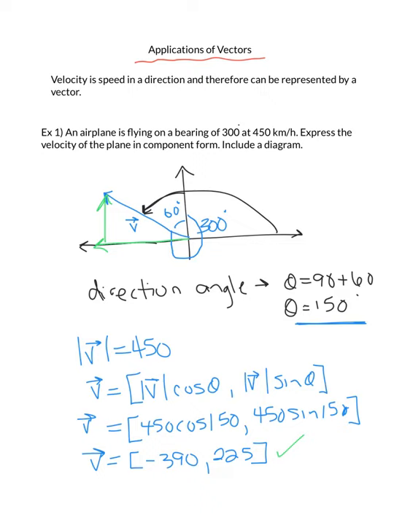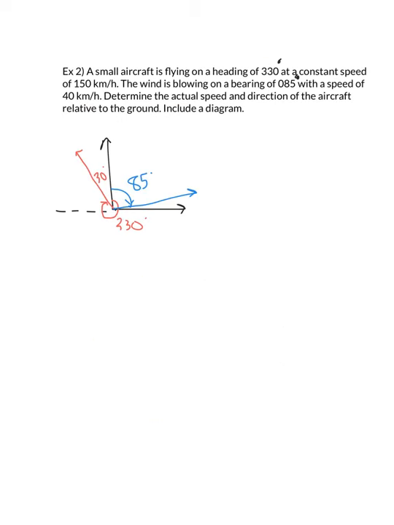All right, so for example 2, a small aircraft is flying on a heading of 330 degrees at a constant speed of 150 kilometers per hour. I'm going to call this vector right here vector P for plane. Notice that it is 330 degrees a heading, so we're starting from north and going clockwise 330 degrees.